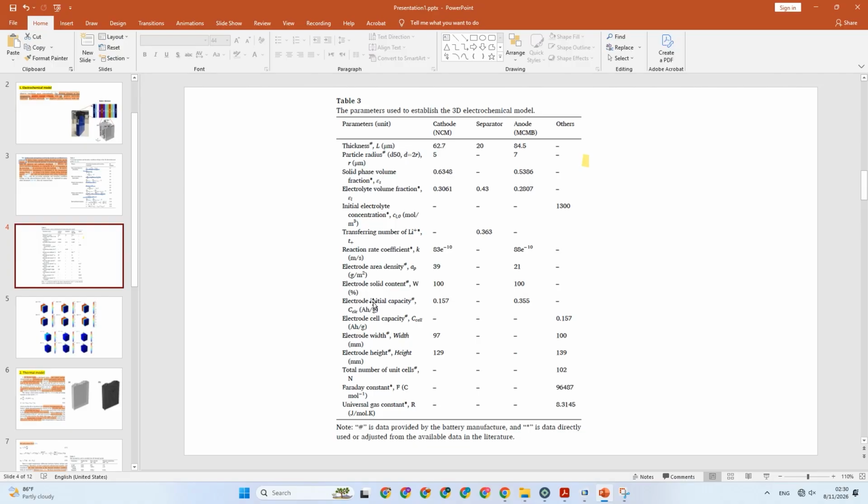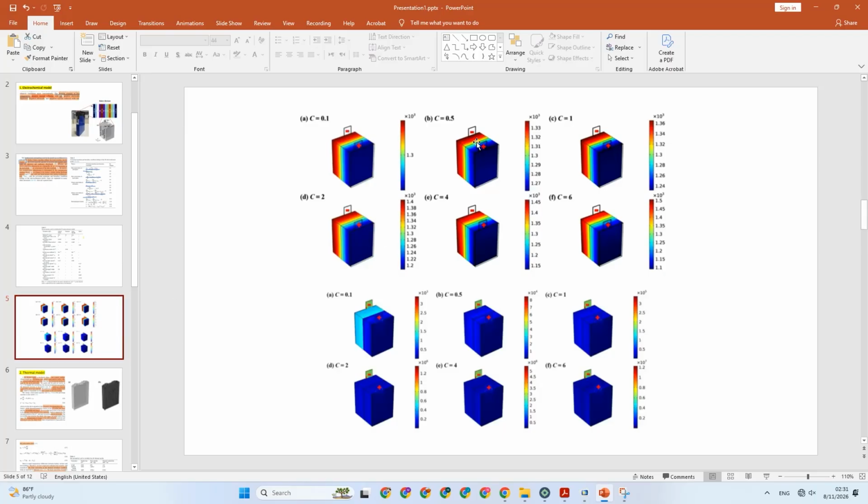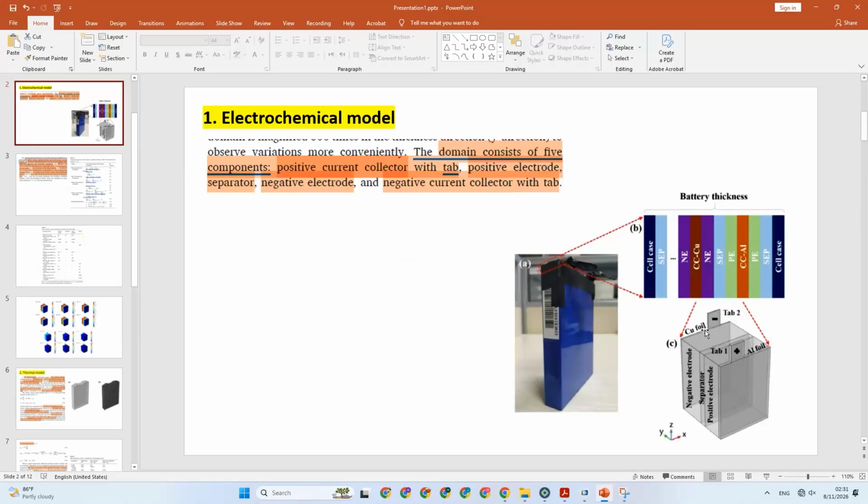Okay, but now let us continue with the parameters that we can define. Width and height, 97 millimeter, and also we have thickness, that is micrometer. It is so weird. Oh, maybe these are, yes, these are the cathode and anode.